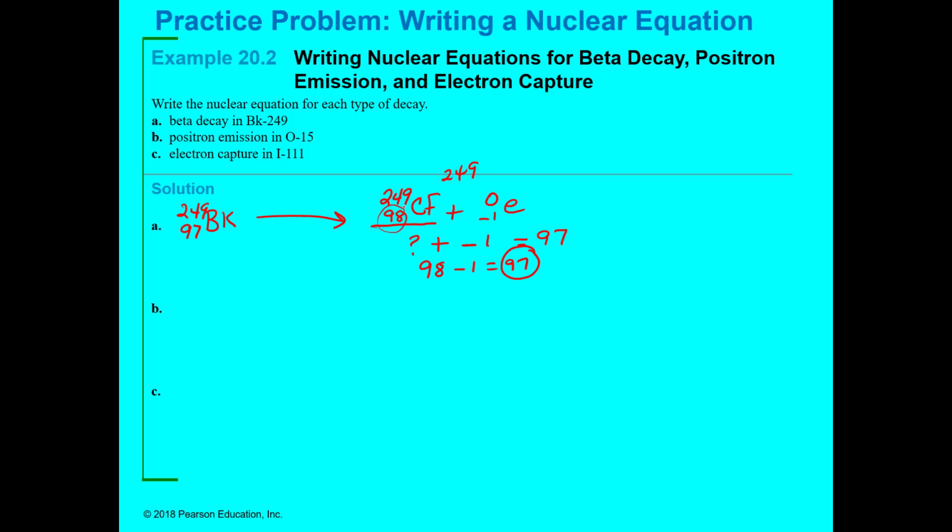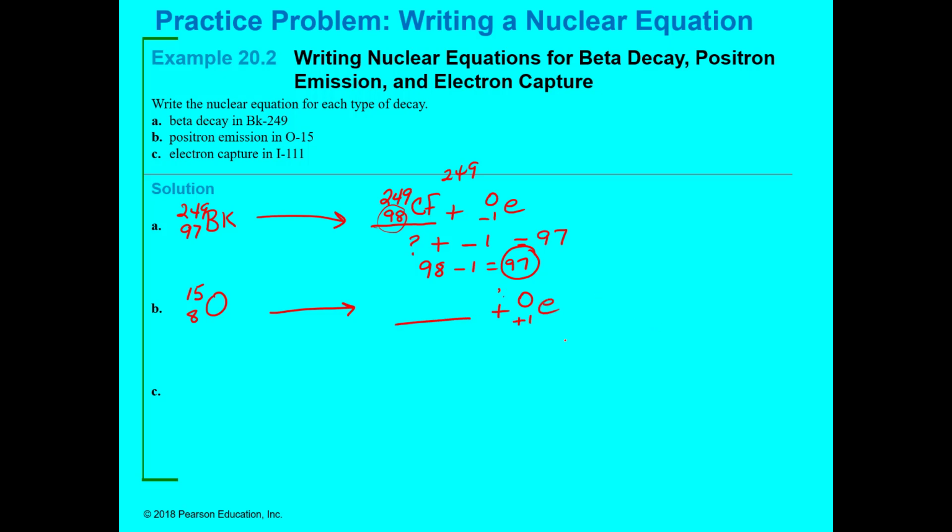Positron emission of O-15. Oxygen is going to emit a positron, which is the positive electron.